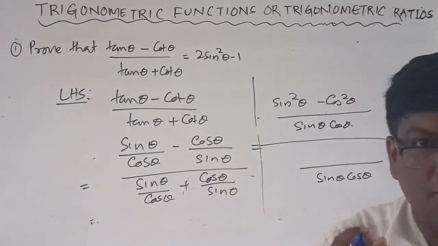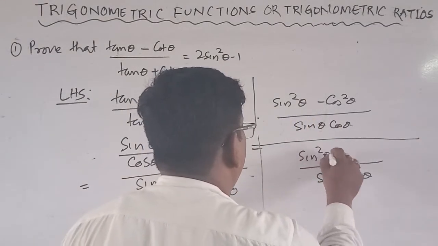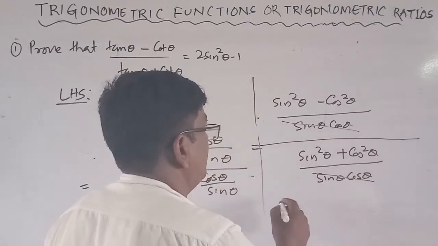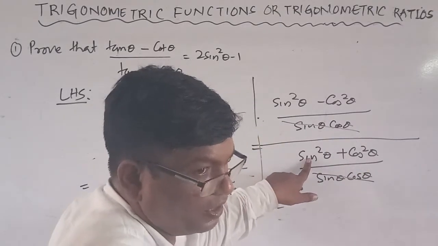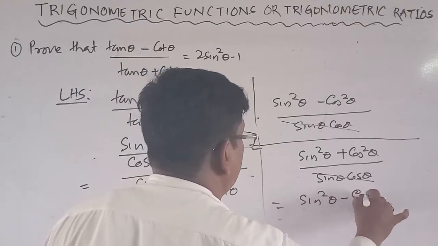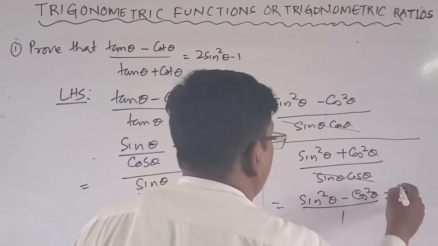LCM means lowest... so sin square theta plus cos square theta. So this cancels, and sin square theta plus cos square theta is equal to 1. So sin square theta minus cos square theta by 1.